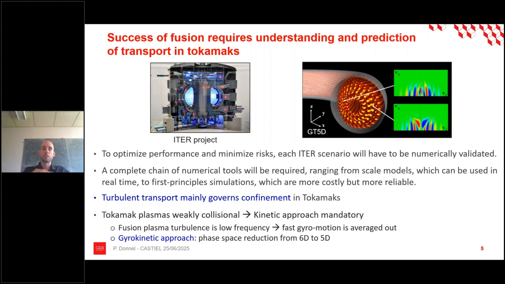With this, we end up with what we call gyrokinetic theory, which allows us to reduce the phase space from 6D to 5D. So it's already a gain. And we can increase the time step to only describe the turbulent scale and not the gyro motion scale, which would be faster.